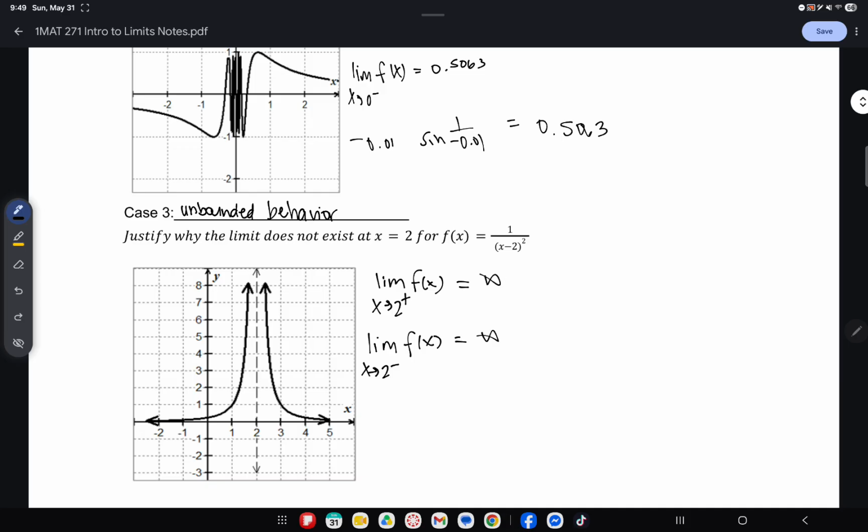I know you're going to want to say infinity and infinity are the same, but remember the limit existence theorem, L has to be a real number. Infinity is not a real number. So we cannot say that the limit exists here. Infinity is not a real number. Okay.